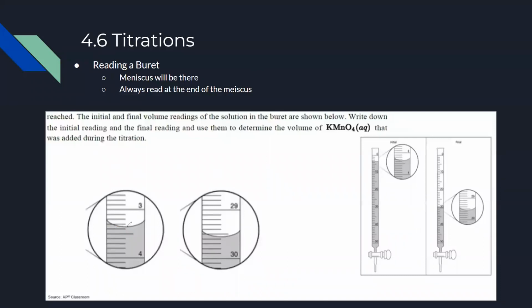So we can make a guess, something between 3.35 and 3.37. I'll put it as 3.35. For this one, we have 29, so 29.1, 29.2, 29.3, 29.4, 29.5, and it's between 29.5 and 29.6. So let's do it as 29.55.